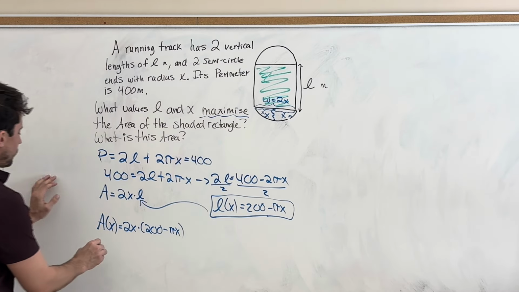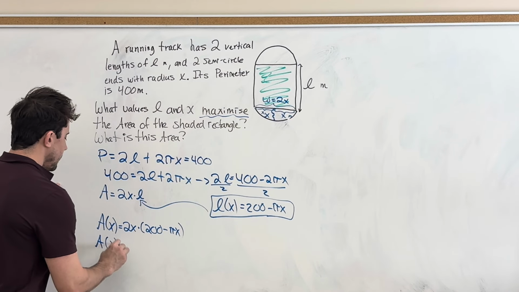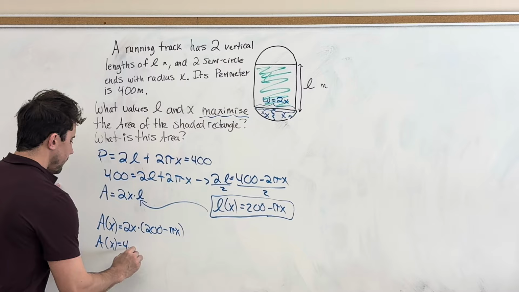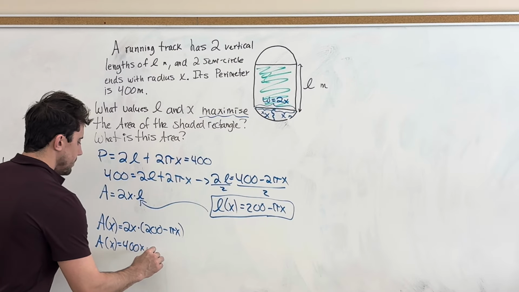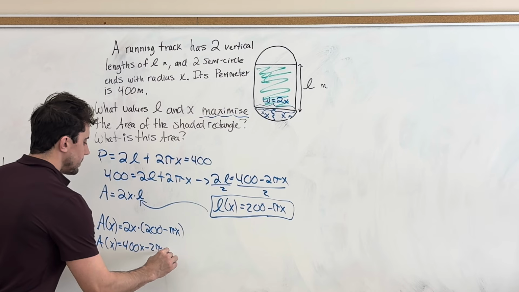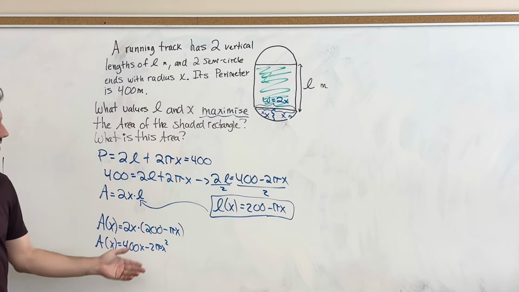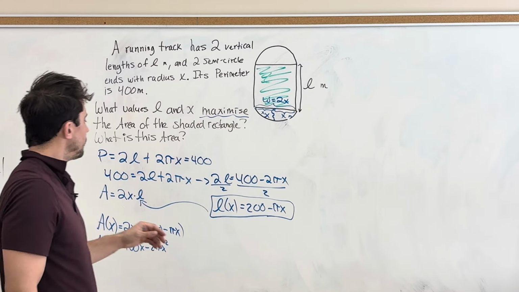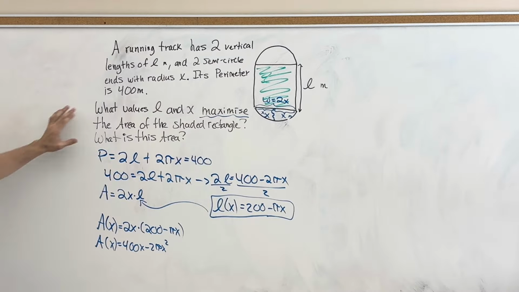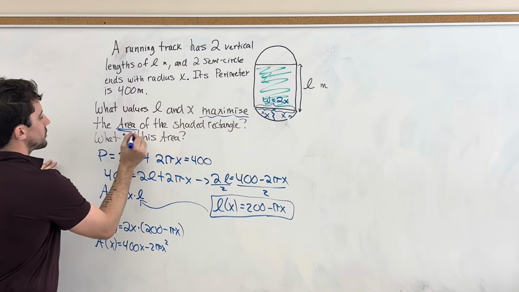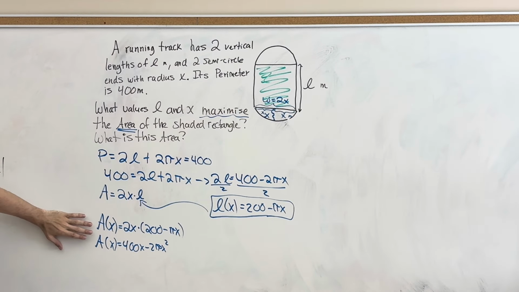Multiplying that through to simplify it a tiny bit, A of x is going to be 400x minus 2 pi x squared. And now we've done most of the hard work. We've established the area function that we're trying to maximize in terms of only one variable, and we can handle that pretty well.